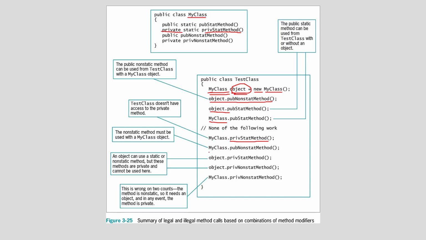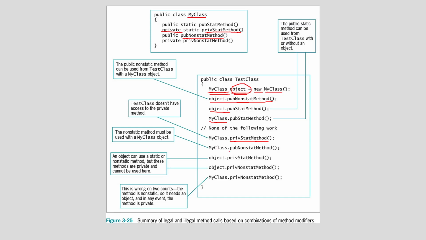Here, another one, MyClass.pubNonStatMethod, where pubNonStatMethod is not declared as static. Therefore, it must be used with an object.